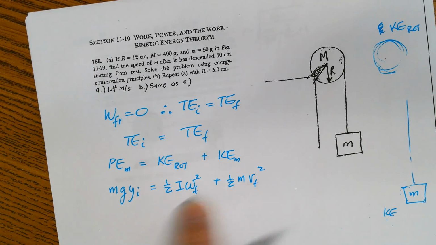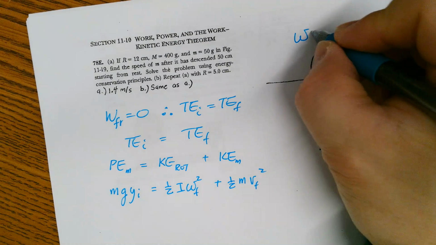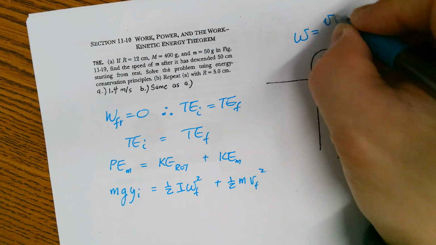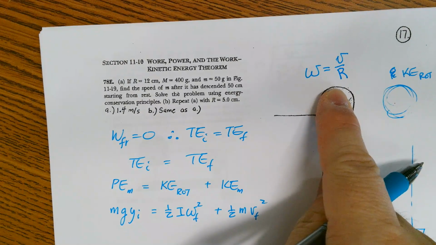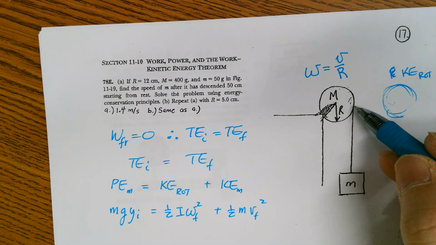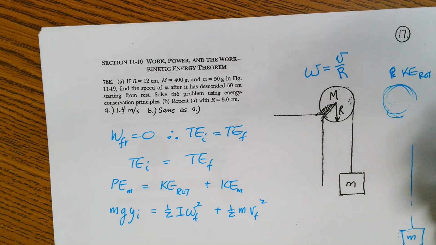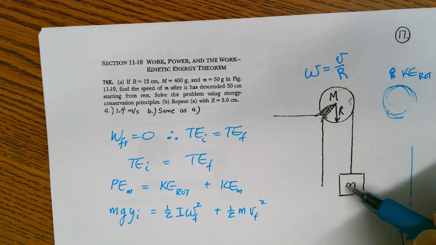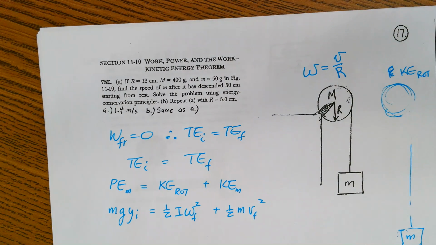However, this omega of this thing rotating is equal to v over r, because the speed of this block and the tangential velocity of this disk, it has to be the same.